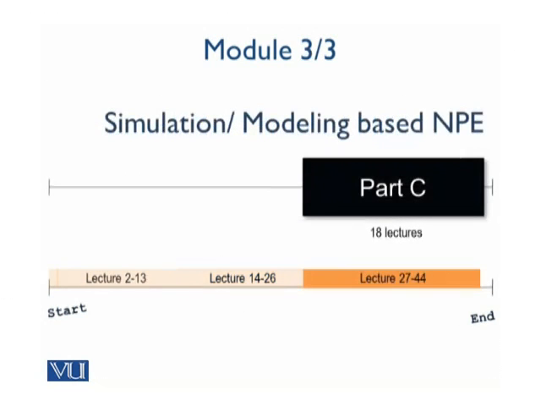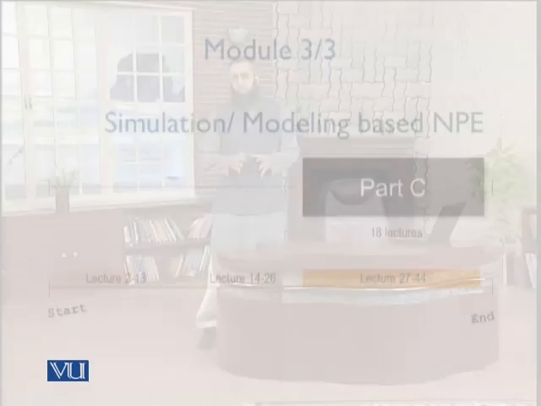And lastly, we'd be finishing this course by having the third part of this course, in which we talk of simulation modeling based NPE. We've already mentioned the need of simulation and modeling. I'd be reiterating. We've mentioned that in many cases the option of experimenting on a real system is not available, or even if it is available, it may actually be disruptive to the performance of the network.